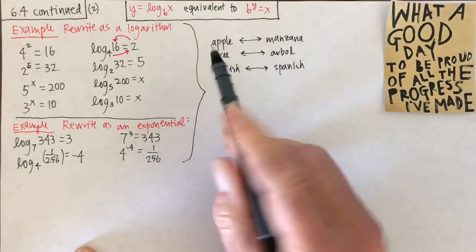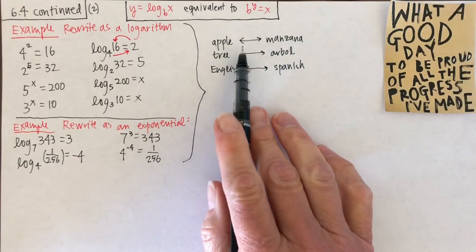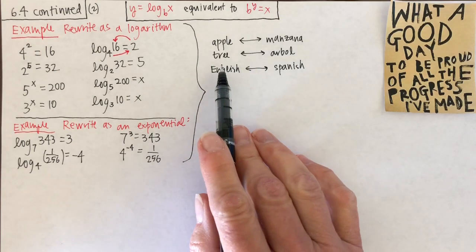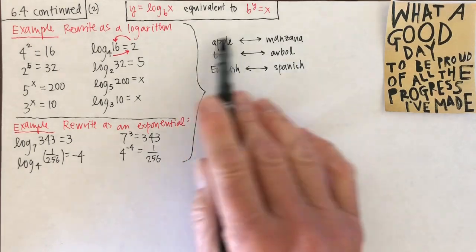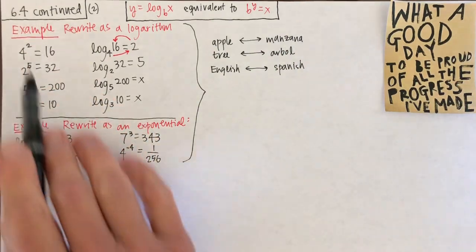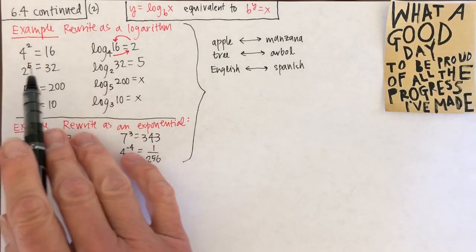These are representing the same thing. An apple is the same thing as a manzana. It's just two different ways of expressing the object. A tree is an árbol. They're the same thing, but in certain situations you would use this language, and in certain situations you would use that language. It's the same idea. This is the same statement as this. It's just in a different form or a different language.